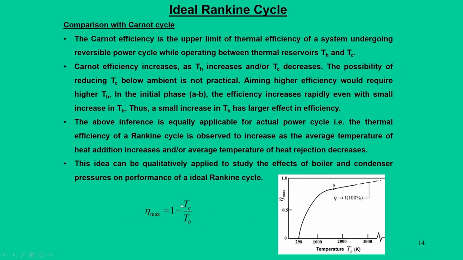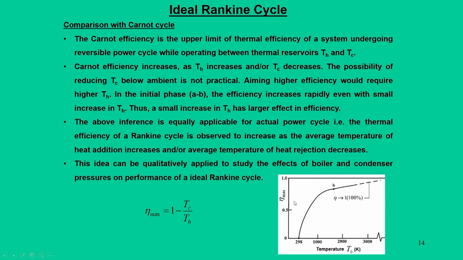Reducing Tc is not possible, because the lower limit is fixed by atmospheric conditions, but increasing Th is possible. If you plot the efficiency versus Th for a given Tc, you get a curve like this, which says that with an increase in Th, that is, with an increase in heat addition, the Carnot cycle efficiency goes up.